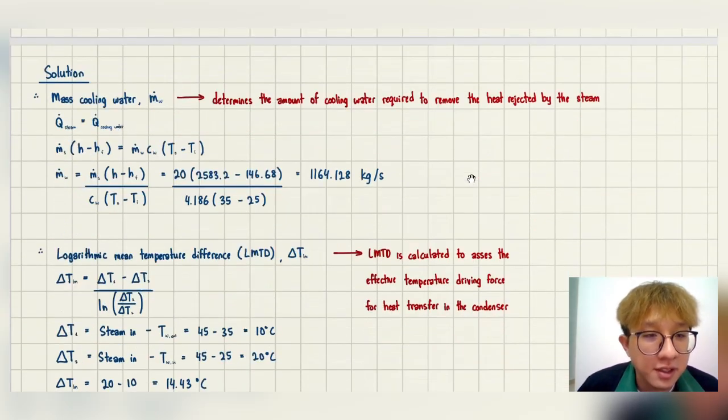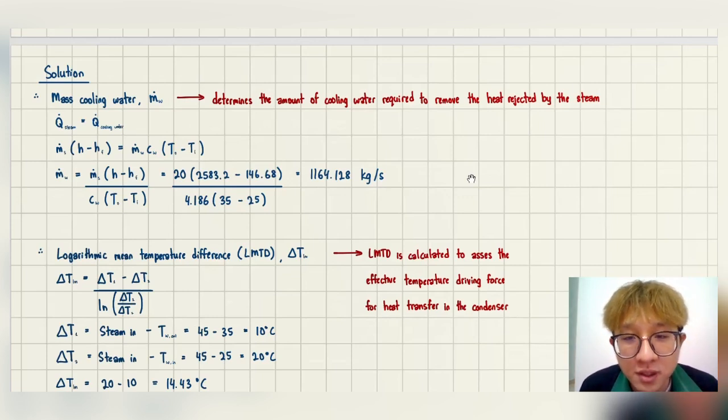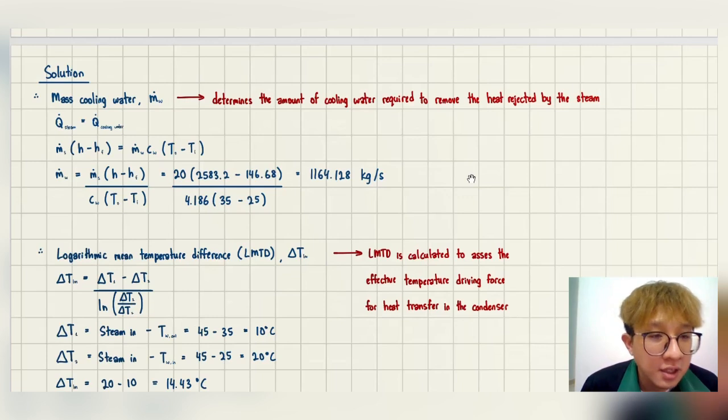Next, we are going to calculate the mass flow rate of the cooling water. This determines the amount of cooling water required to remove the heat rejected by the steam. So here, Q dot steam is equal to Q dot cooling water.